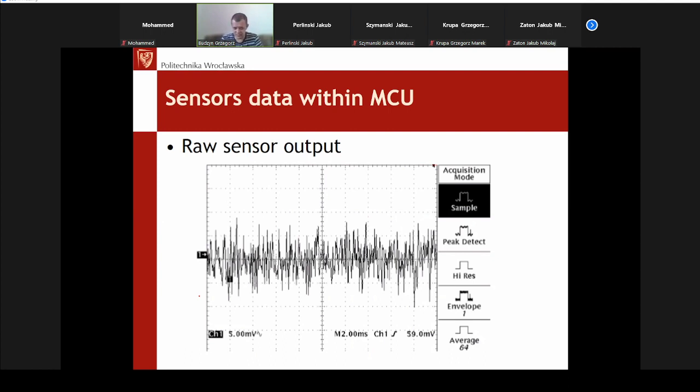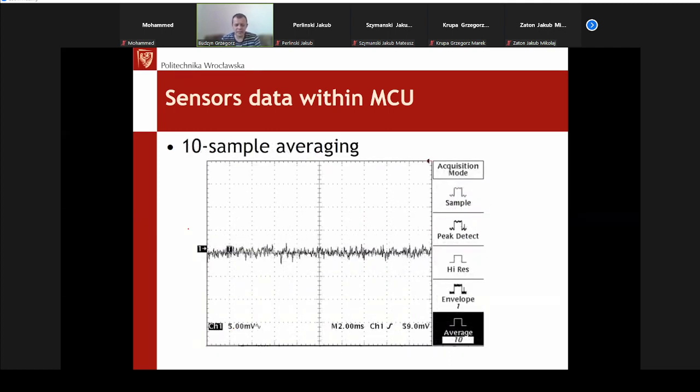So let's consider we've got the sensor output. Here we have a 5 millivolt scale. The amplitude here is about 20 millivolts, and with an averaging of 10 samples, just such a simple averaging. Averaging is nothing else but a low pass filter.